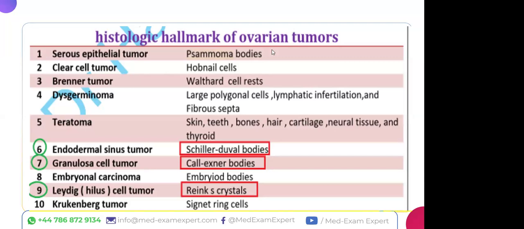Now, simply to finalize this argument, in the exam, laparoscopy should be chosen in the following scenarios. Diagnostic laparoscopy in infertility, any tubal surgery, salpingectomy, or tubal disconnection should be done by laparoscopy.